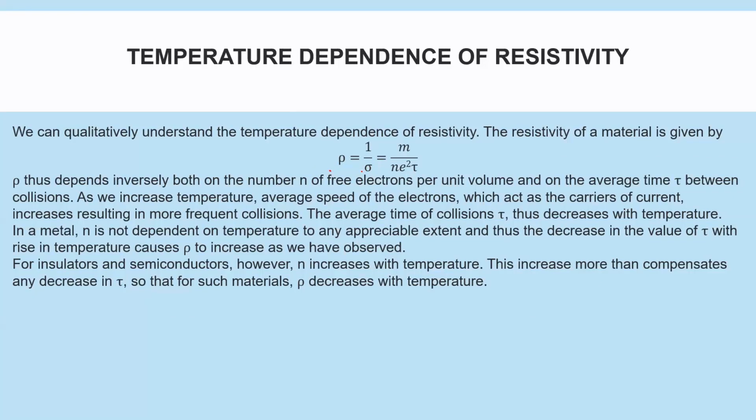Okay, and conductivity is given by sigma equals n e square tau divided by m. That is, n is your number of free electrons, e is your charge, tau is the relaxation time, and m is the mass of the electron.